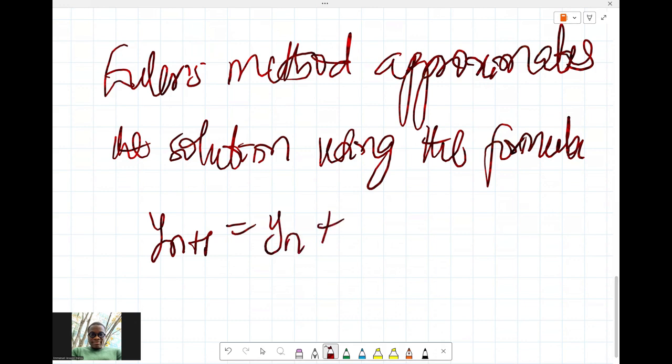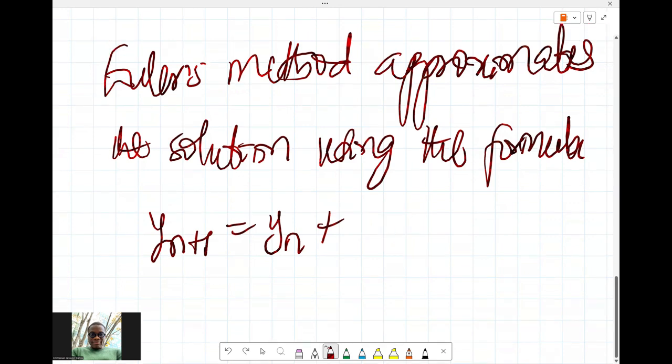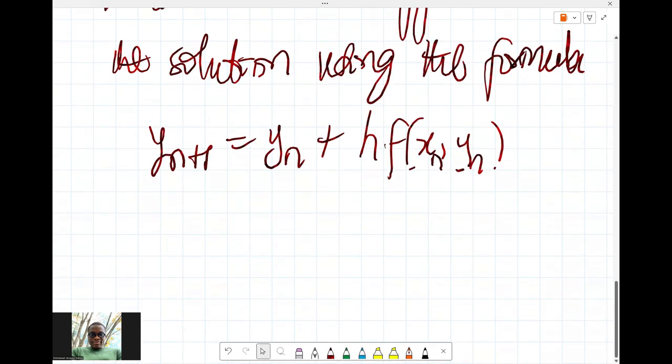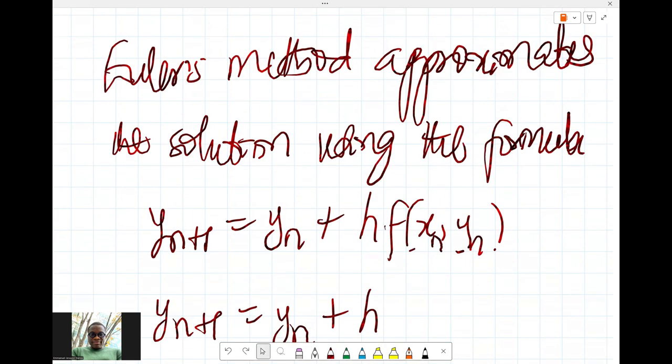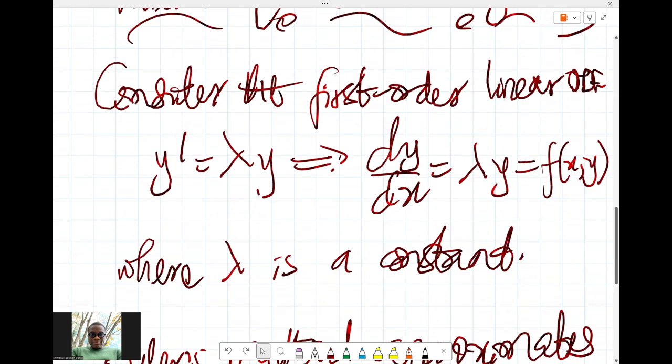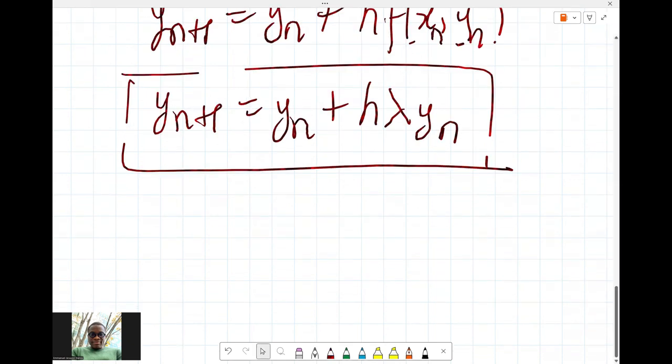Basically, lambda y_n is f of x and y_n, so this is y_{n+1} equals y_n plus h times f of x and y_n. Since f of x, y is lambda y, that means we have lambda y_n. So that's what we definitely have there.